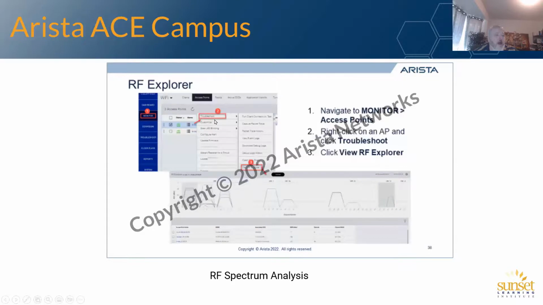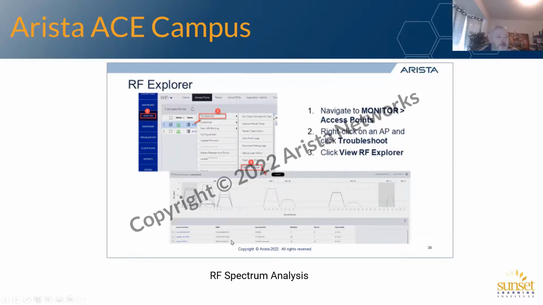Okay. Another cool thing that I really liked with Arista was this thing called RF Explorer. If you've been working with Wi-Fi, you may be familiar with spectrum analyzers, where you're monitoring the radio frequency spectrum to see not just Wi-Fi, but whatever else is out there. Well, we'll show you how to use the built-in tool to do that, called RF Explorer.